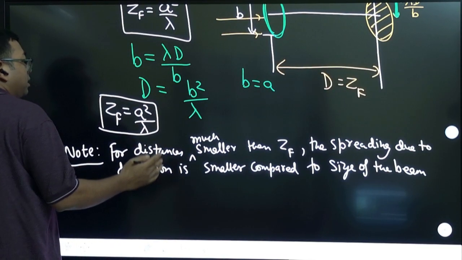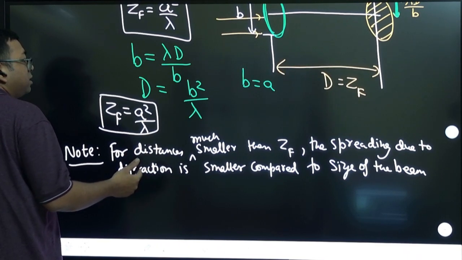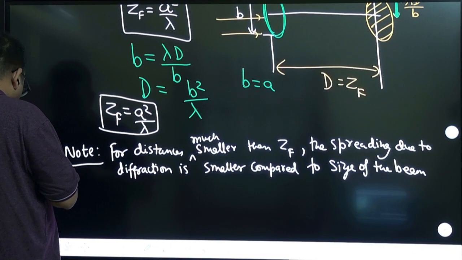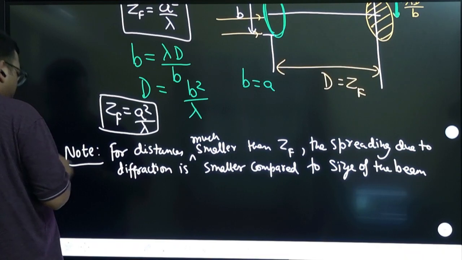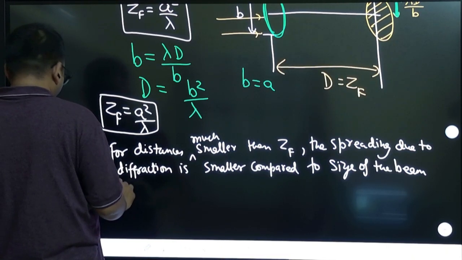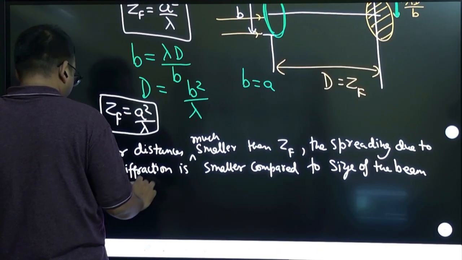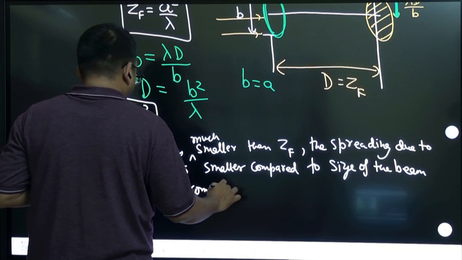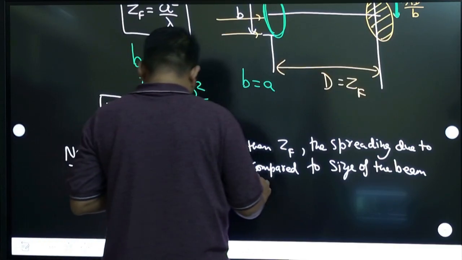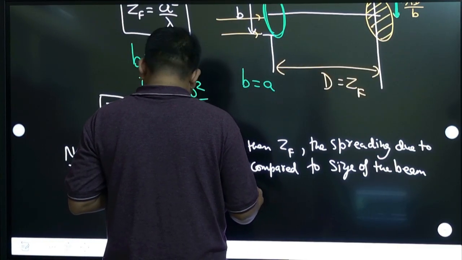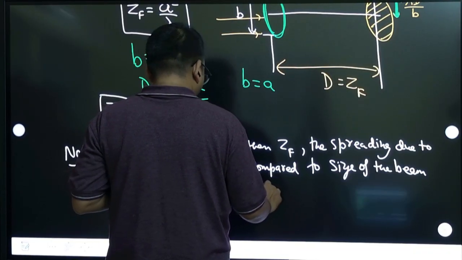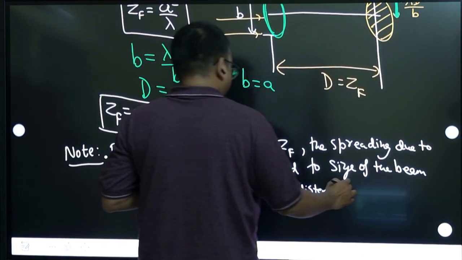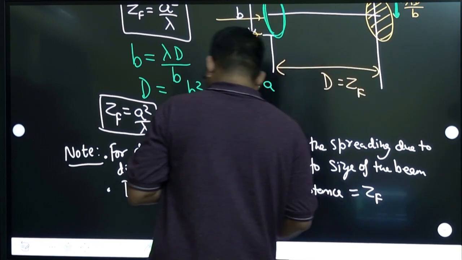That means if you go to a distance lesser than that, the spreading of the diffraction pattern does not happen much. It becomes comparable when the distance is equal to the Fresnel distance.